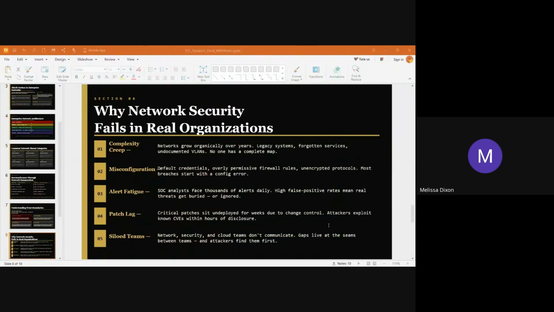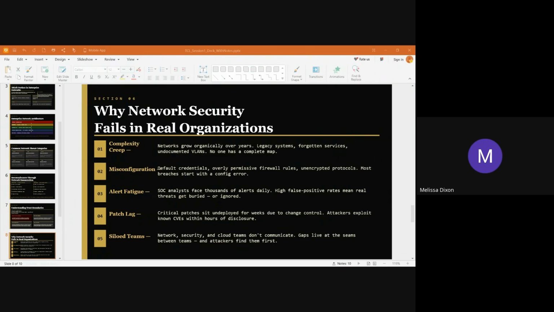Some enterprise SIEMs generate tens of thousands of alerts per day. Analysts tune them out, essentially. The one real alert gets buried because they overlooked it. The fix isn't more alerts, it's a better signal to noise ratio, basically.